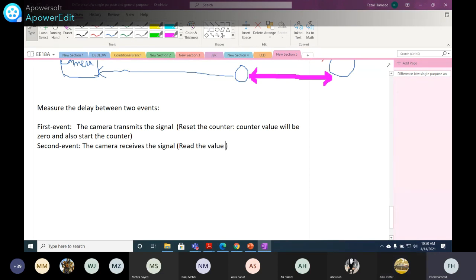When you read the value of the counter, what does the counter value give you? The value of the counter will give you some information.